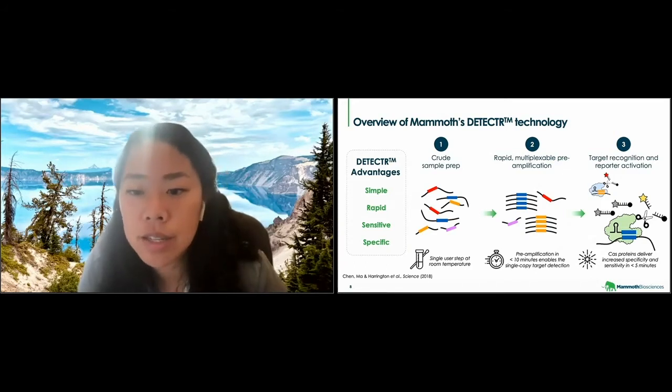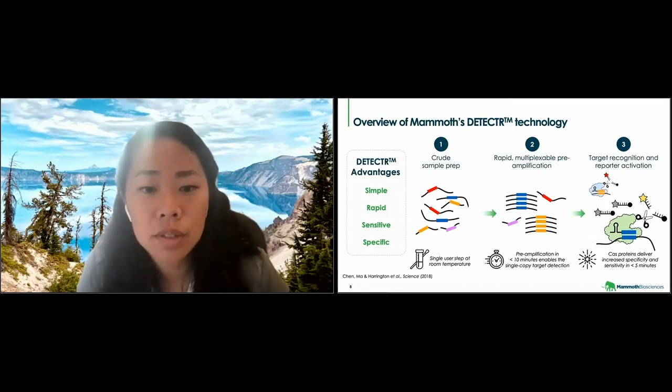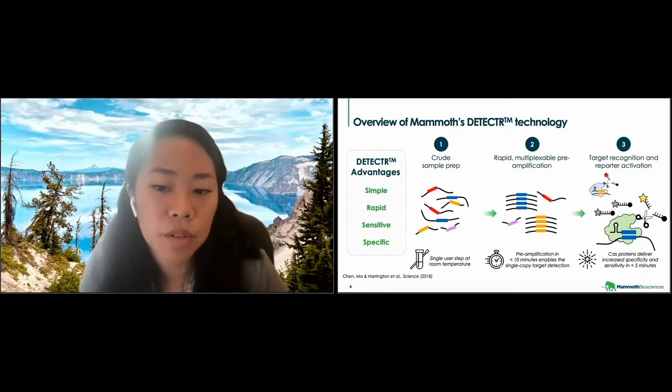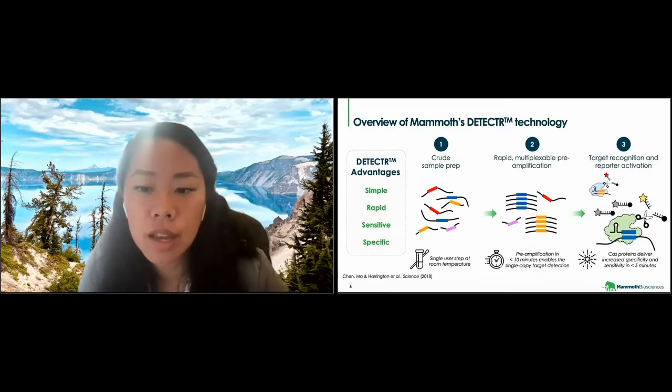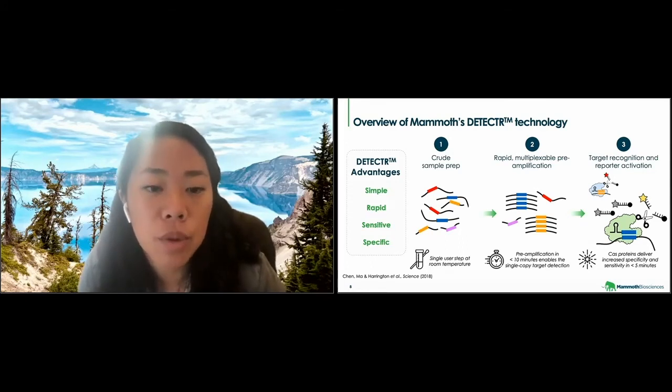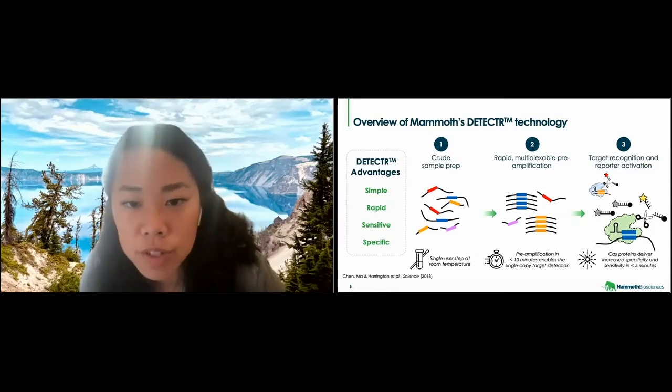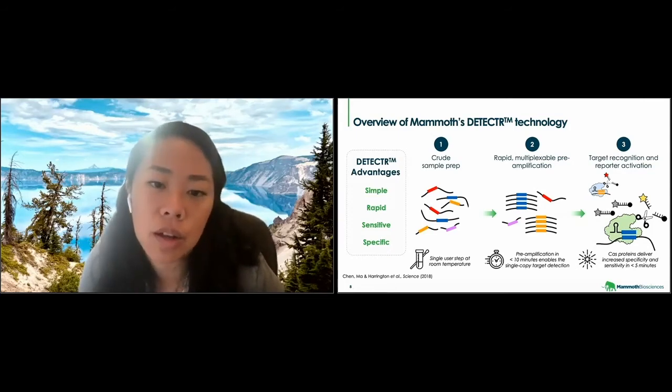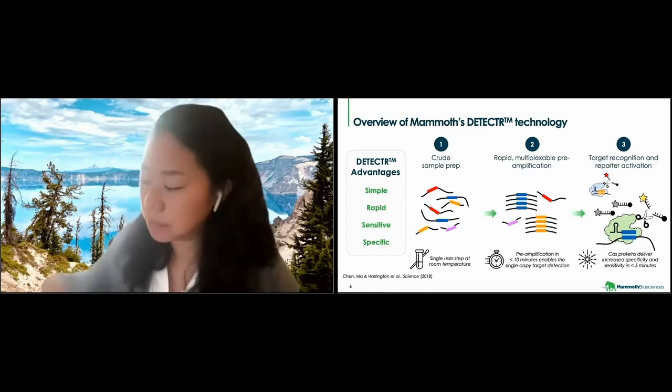And so as an integrated system, Detector is simple and faster and has similar performance compared to the gold standard PCR methods. Together this is really enabling new ways that we can multiplex, detect different genomic targets, single nucleotide polymorphisms, and a lot of different flexible ways to approach detection using the CRISPR enzyme itself to recognize a nucleic acid target.